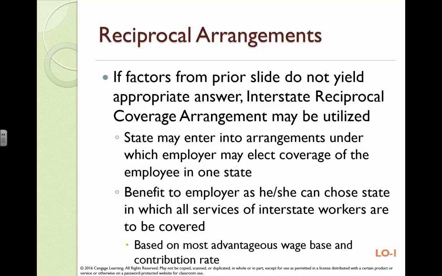And basically what happens there, jumping down to the second bullet, is that states where there's a lot of overlap, like eastern Montana and western North Dakota on the Bakken oil fields, and there's a lot of folks that are working on both sides of the border, or have residence in one state and work in the other, then they make an agreement between the states, and they just say, okay, everybody is going to pay unemployment and claim unemployment benefits in North Dakota.